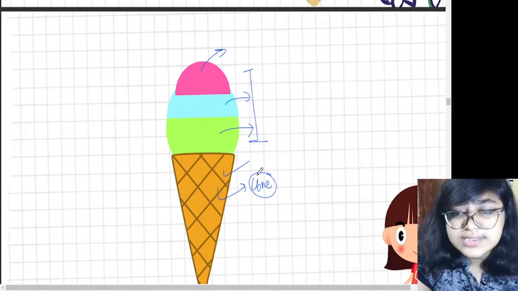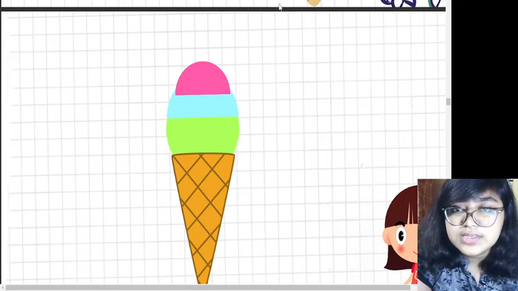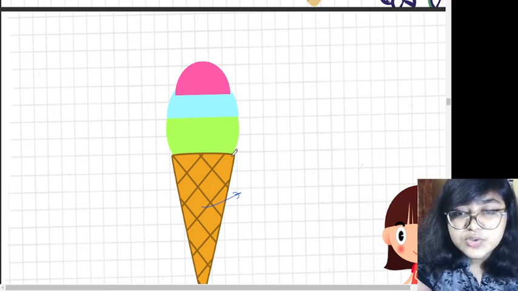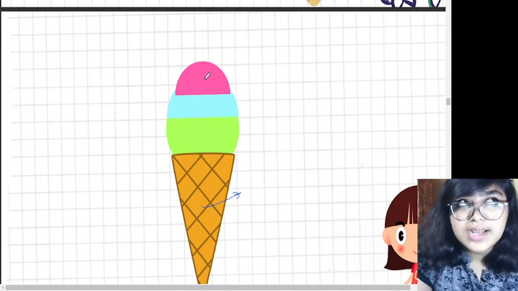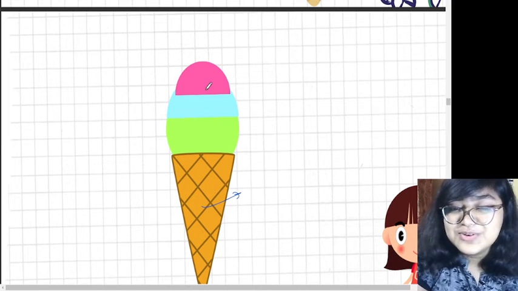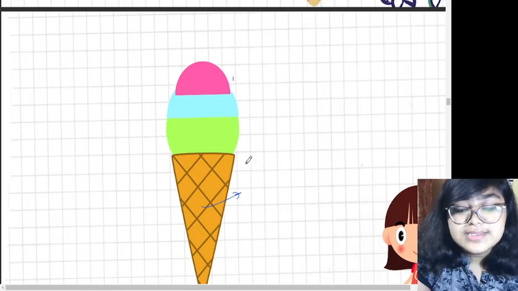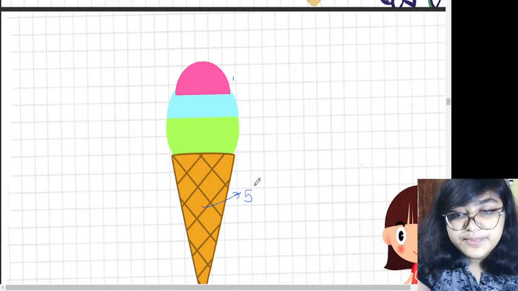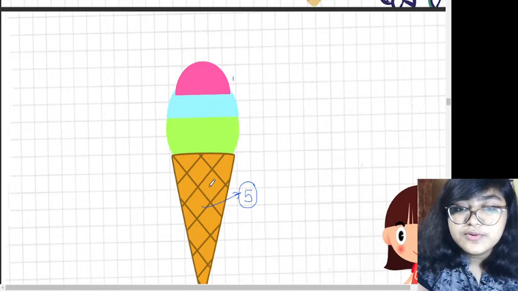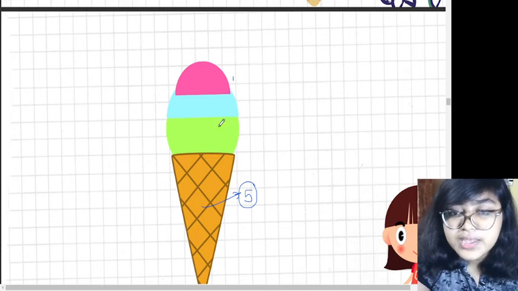Okay, now let's say I will give them some names. Suppose this cone is a constant, it is not changing. If you buy any other flavor like mango, strawberry, pineapple, or chocolate, I don't even know the name. So let's say I'm giving the cone the name 5, because it is a constant, as you know, 1, 2, 3, 4, which have fixed values, are constants.